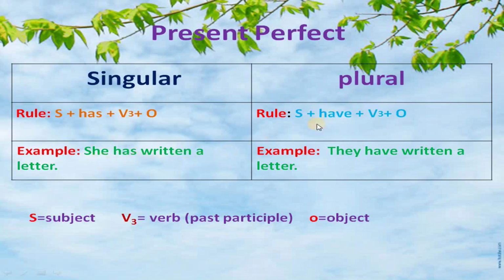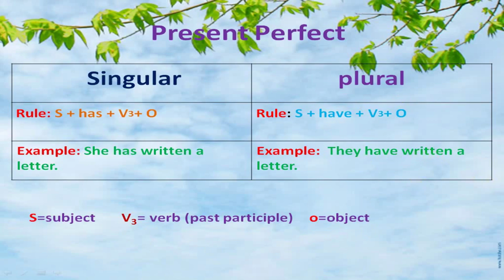Same in plural form: subject plus have plus V3 plus object is the rule. On the basis of these rules, the example is: they have written a letter. Here V3 is the past participle, S is subject, O is object.